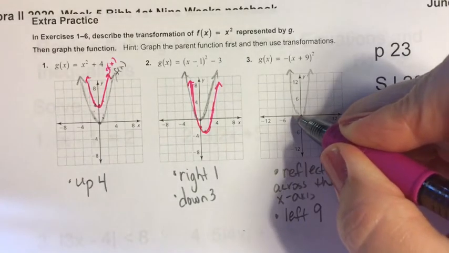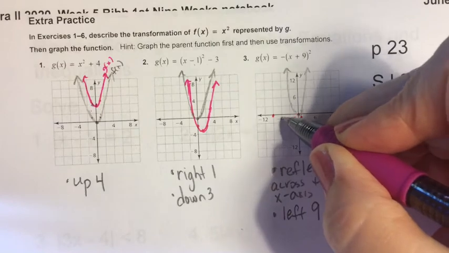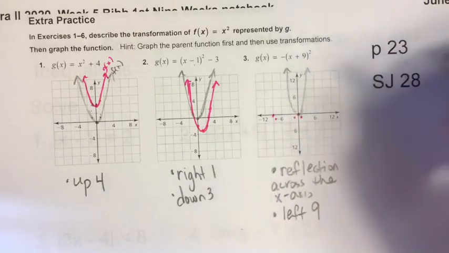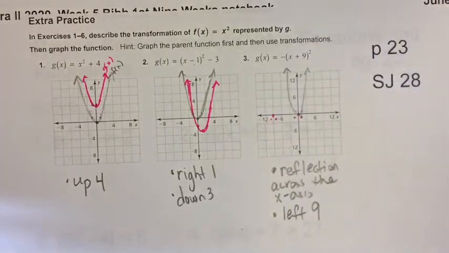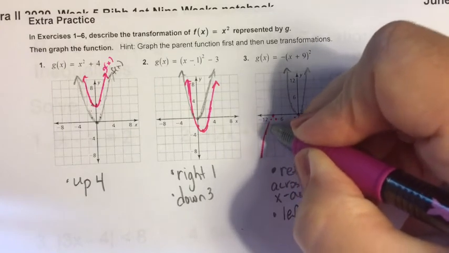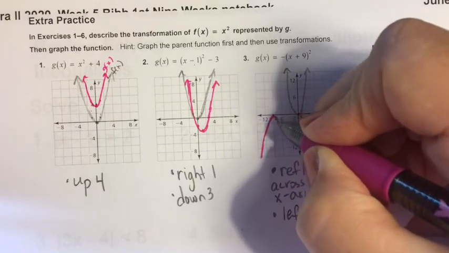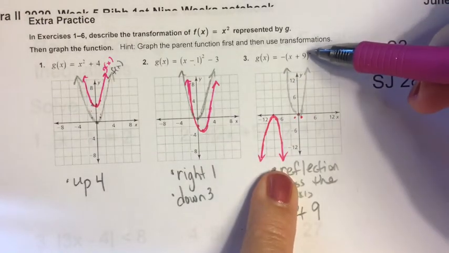So 3, 6, 9, for each. And then I'm going to sketch that graph. And this would be the graph of this function.